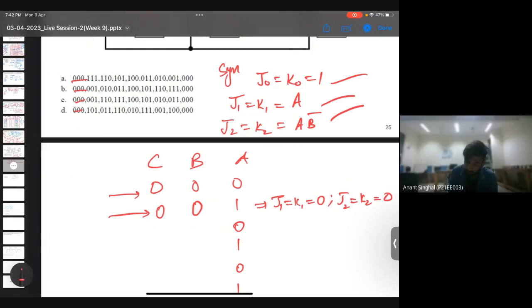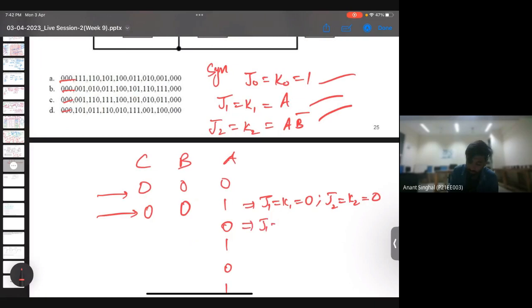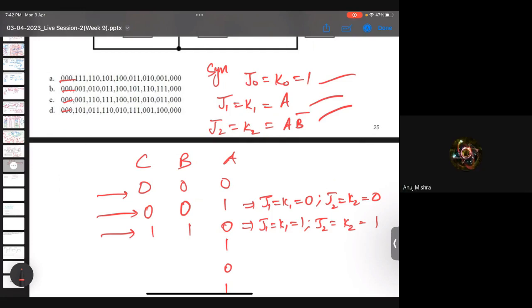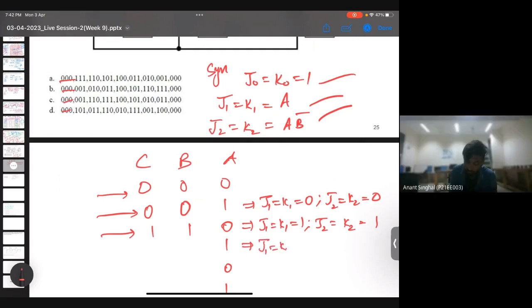Yes, sir. So here J1 and K1 will be 1 and J2 and K2, which is B bar, will also be 1. So both of them will toggle. It will be 1, it will be 1. Is it fine? Then in the previous state here, J1 and K1 will be A, 0, and J2 and K2 will also be 0, so it will remain the same. I hope it is clear what I am writing. This will be 1 and this will be 0.